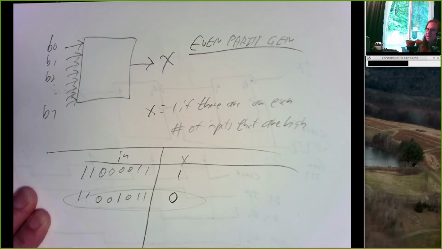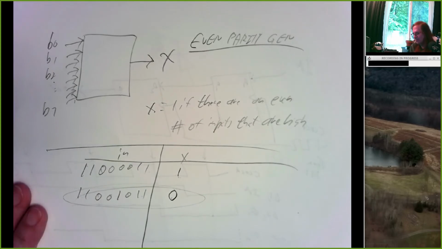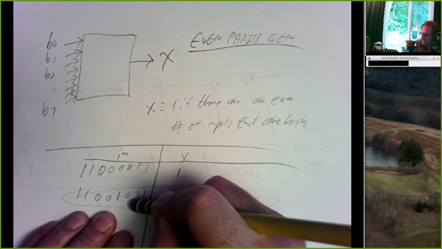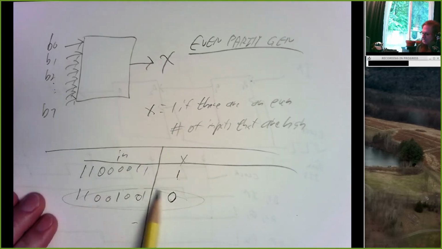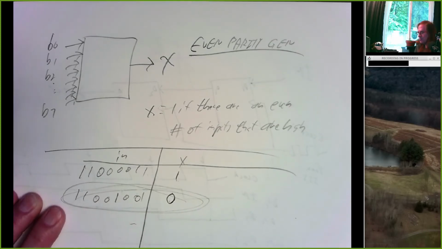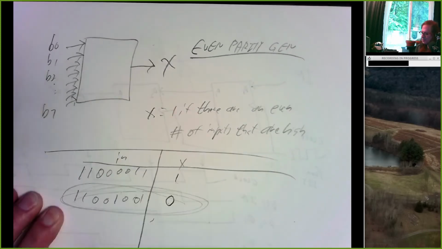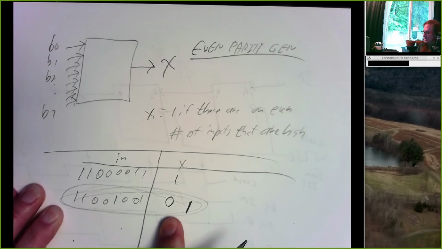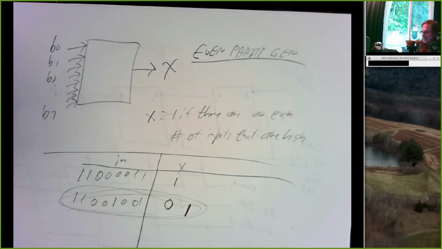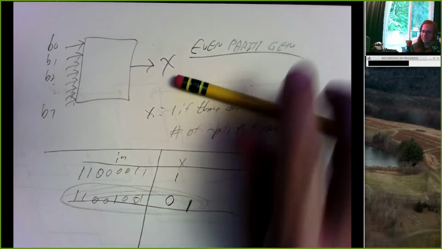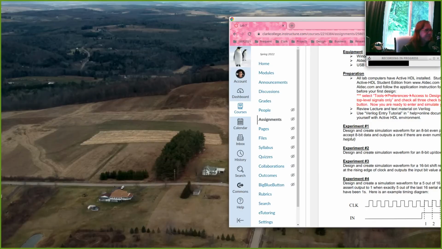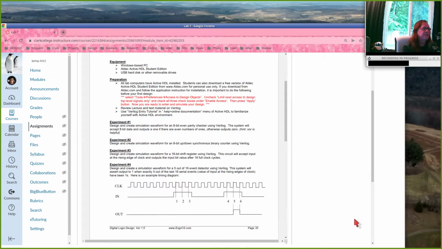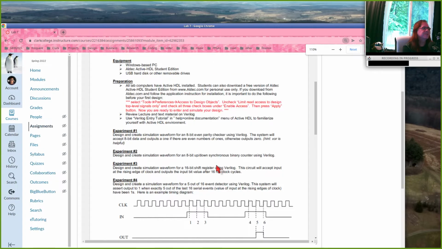The total 9-bit packet will have an odd number of 1s. And this helps our reliability because, for example, if this bit gets changed to a 0 and we receive this, we know there's a problem. Because we'll take these 8 bits, run them through our circuit, and our output will say, hey, the output should be a 1. And if we got a 0 over here, hey, something went wrong. And so we're going to say, I didn't hear what you said, go ahead and resend that last 8-bit pattern. So experiment 1 is designing and simulating a circuit to do that behavior.